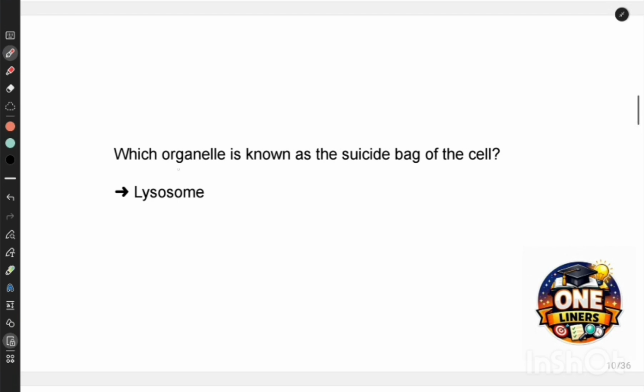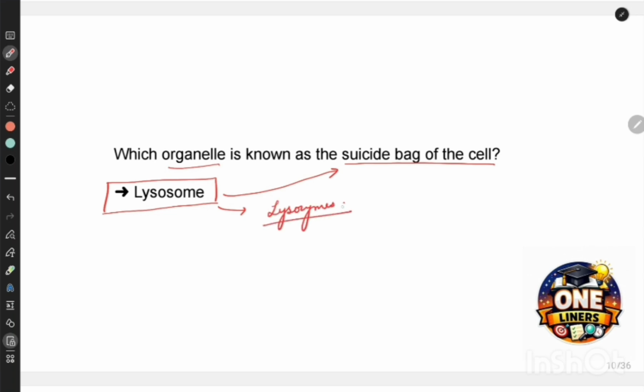Next one is, which organelle is known as suicide bag of the cell? Okay, so lysosome is known as suicide bag of the cell because it has enzymes which are known as lysozymes. Okay, and these are hydrolytic enzymes which help in digesting cell or damaged cell.